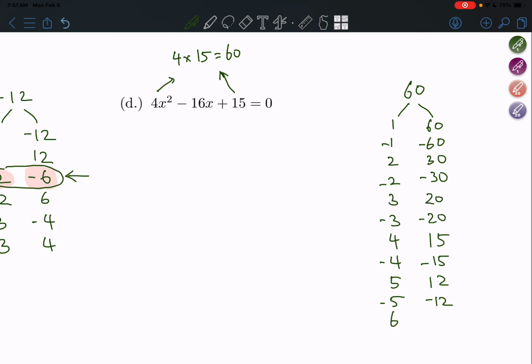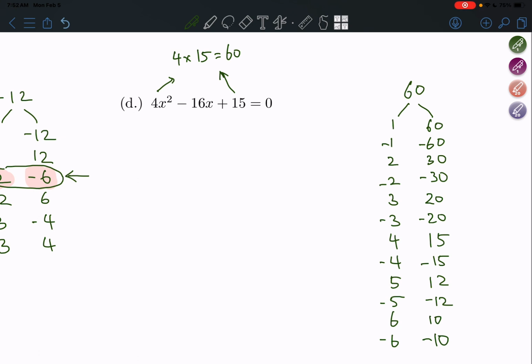And 6 times 10, and negative 6 times negative 10. 7 doesn't divide 60, 8 doesn't divide 60, 9 also doesn't divide 60, and 10 shows up here already. That's it. So that's all the factors, but boy, that's a lot of factors.